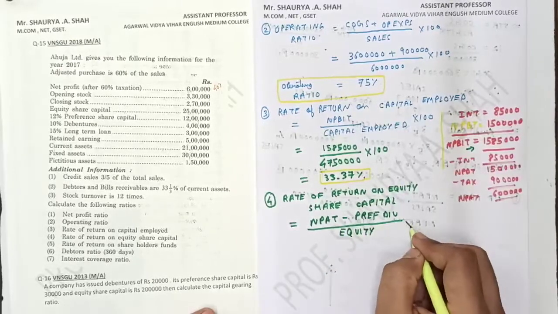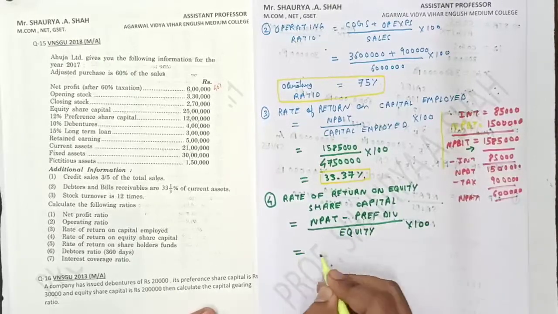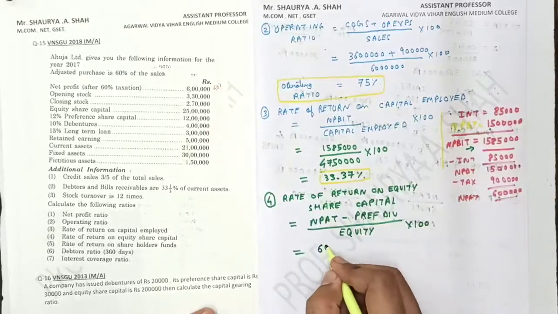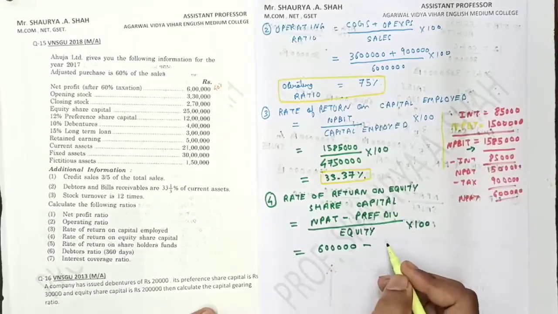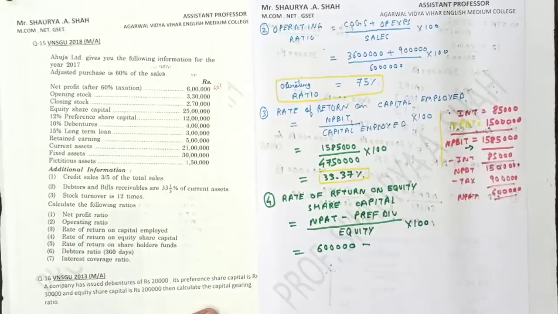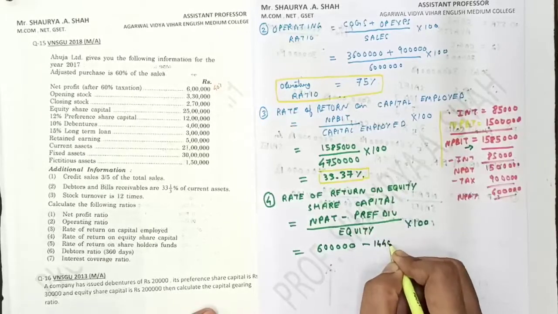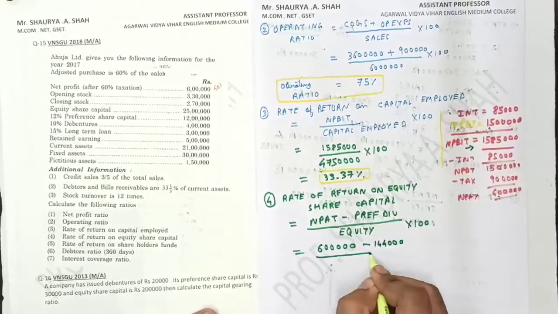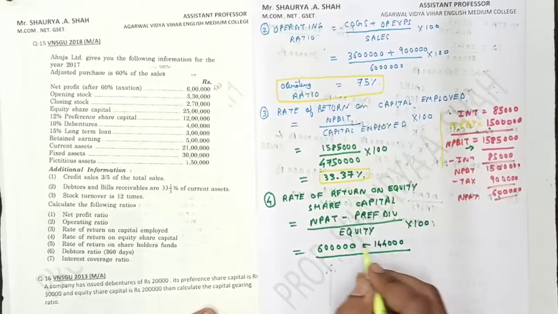I suppose it is easy for all, right? Okay, net profit after tax already given in the sum, that is 6 lakh rupees, minus preference dividend. How we can calculate? 12% on 12 lakh, right? So 12% on 12 lakh gives me 1,44,000 rupees, divided by equity share capital.